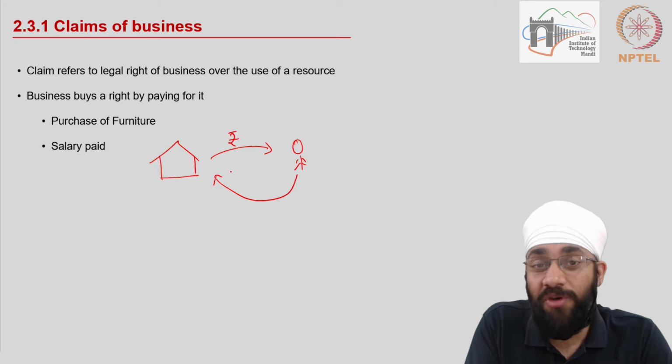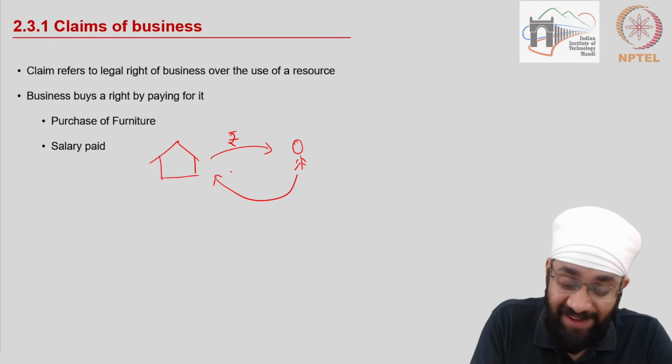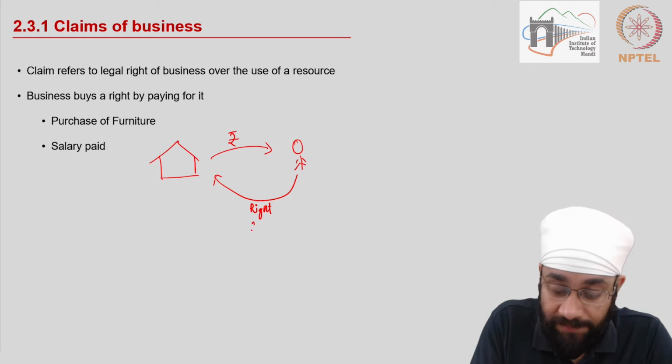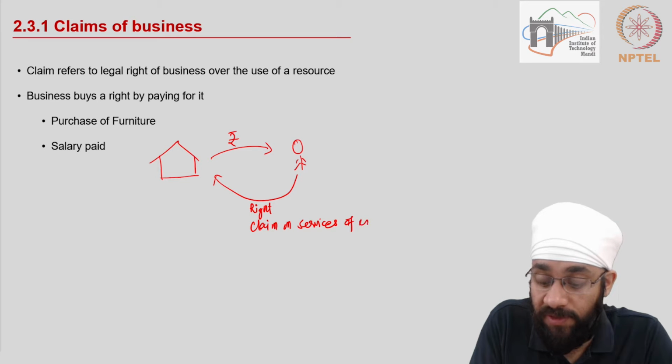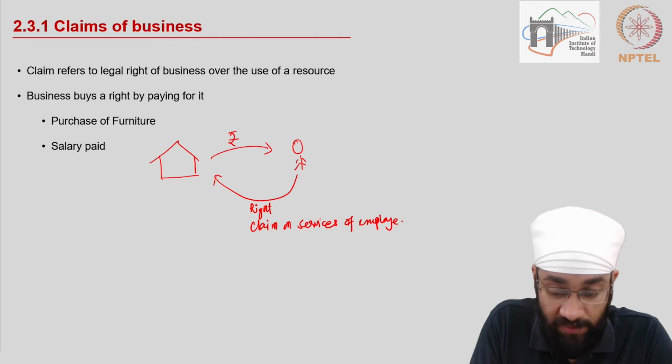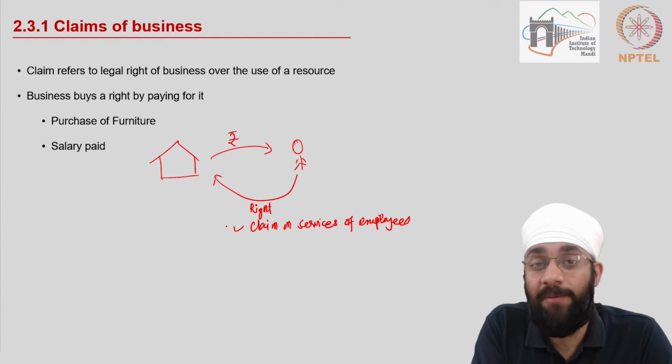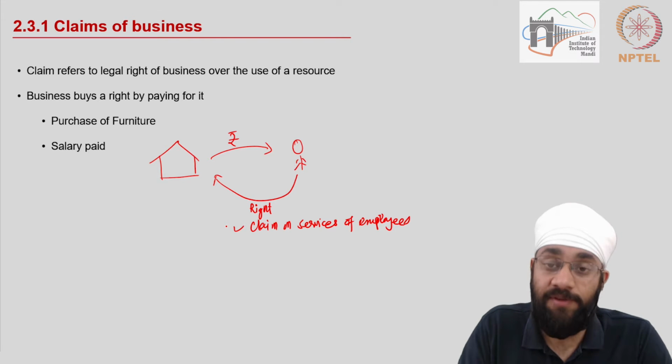You do not get ownership of people. Here, you get a right, you get a claim on the services of the employees. You can't buy people, of course. Slave trade is not allowed anymore. So the claim that business has is over the services of the employee.